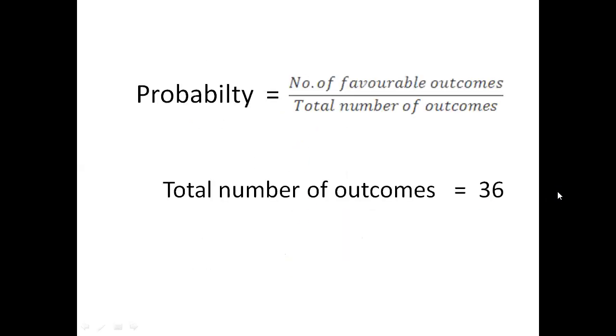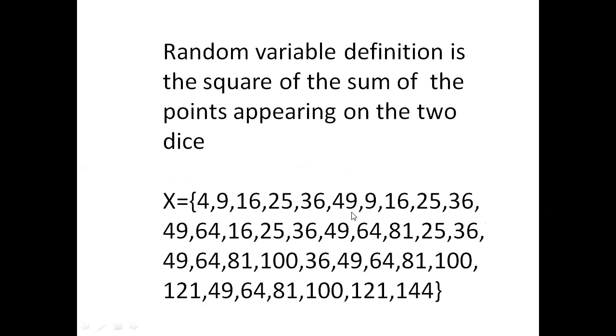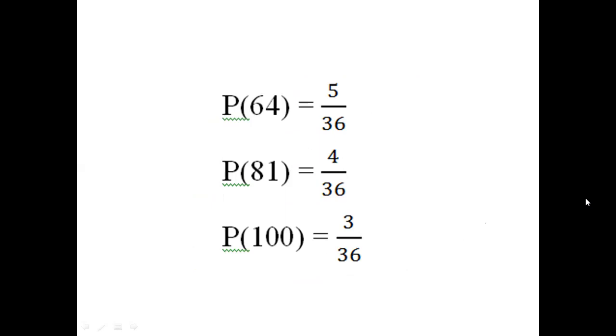The next element is 100. 100 is repeated how many times? 1, 2, 3. So the probability of 100 is equal to the number of favorable outcomes, 3, divided by the total number of outcomes, 36.